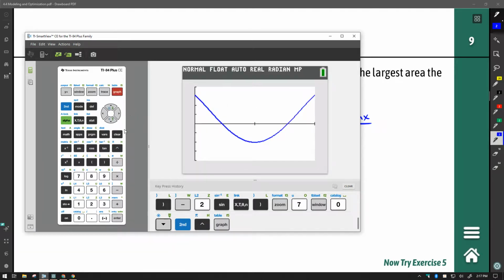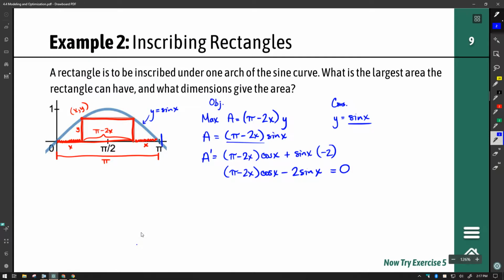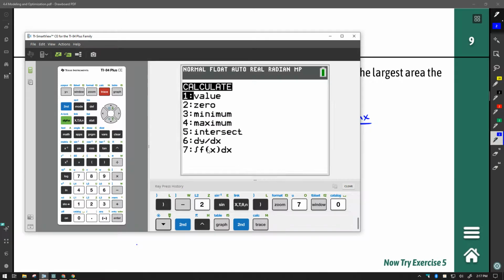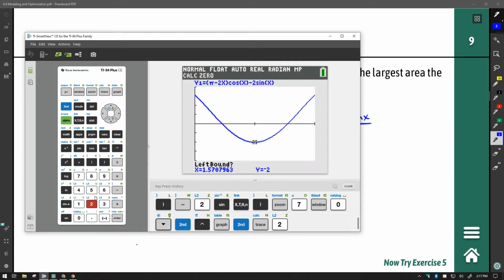Turns out that there are two places here. The middle is pi over 2, and we're interested in the x value from our graph here that occurs before pi over 2. So back to our curve, and we can let our calculator find that value by hitting second calc. And then we want number 2 for the 0.